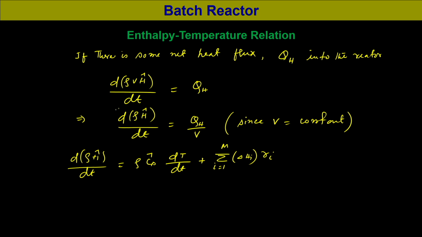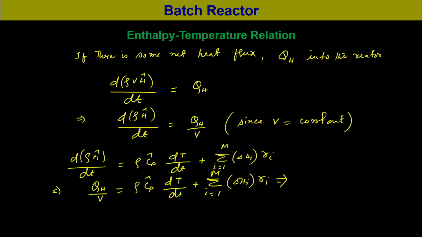Here this term is QH by V. So, if we substitute here, QH by V would be equal to rho Cp cap dT by dt plus summation over I equal to 1 to m delta Hi Ri, and from here we can write rho Cp cap dT by dt would be equal to summation over I equal to 1 to m minus delta Hi Ri plus QH by V. So, this is the equation of the reactor temperature.